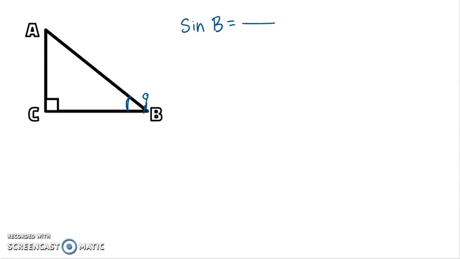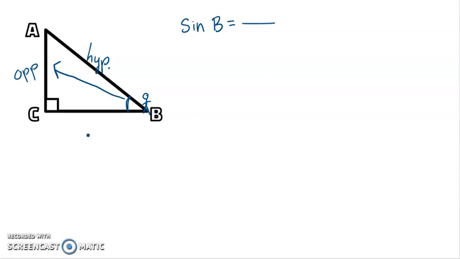It's like if I'm standing here chilling at B and looking at these different parts. The hypotenuse is always the hypotenuse, so that's easy enough. Right across from the right angle, longest side, hypotenuse. Then the opposite side would be the one across from that angle.